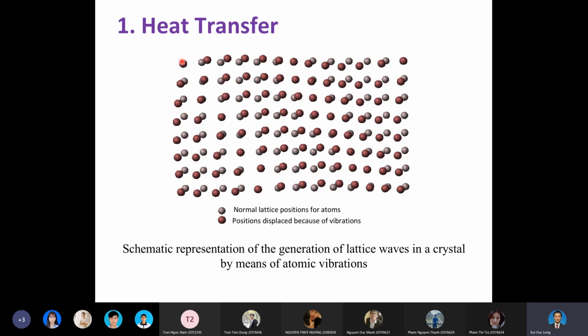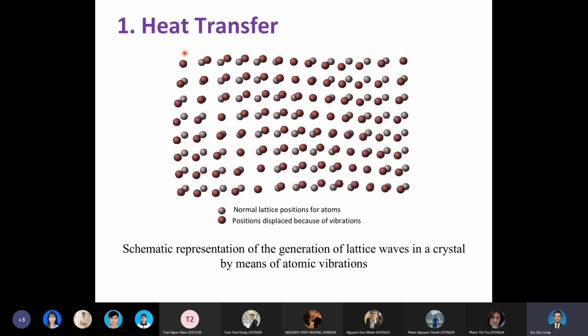The atom can move around its equilibrium position. But when it receives more energy, it becomes more excited and will vibrate with high frequency. So it will transfer energy from one atom to its neighbor. The neighbor, which keeps receiving higher energy, will also become more excited and will transfer energy to the next neighbor.